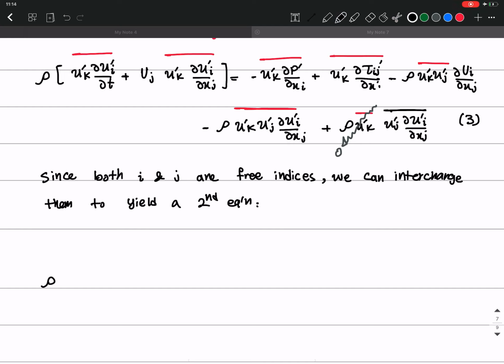If we do that, we are going to get rho... let me see, what do we have here? Okay. So I think I'm going to do that for i and k. Just let me make sure that's the case.